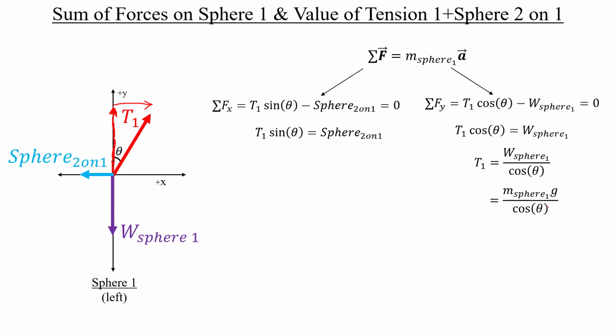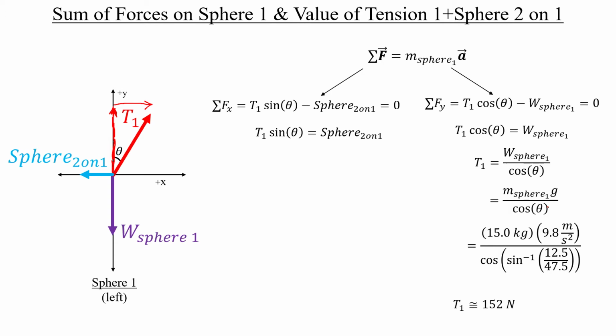And I can plug all of my goodies in, and here's what we get. When we approximate to 3 significant figures like we need to, we find that the magnitude of tension 1 is 152 newtons. And not only do we get the answer of the magnitude of tension 1, but we get a double whammy here. This is pretty cool.